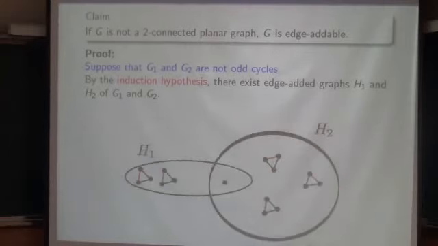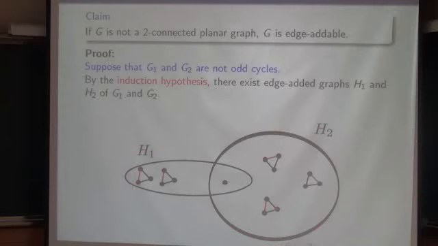Then we merge the cut vertex like this. Then this graph is almost the edge-added graph of our original graph. So what is the problem?